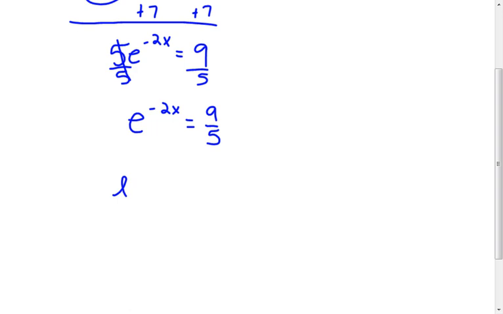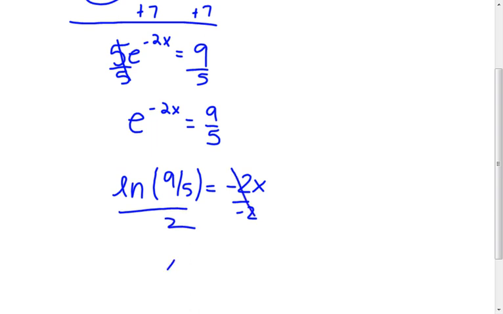So the natural log of 9/5 will be negative 2x. Then I can type the natural log of 9/5 into my calculator and divide by negative 2. Make sure you close your parentheses. x should come out to be about negative 0.2939.